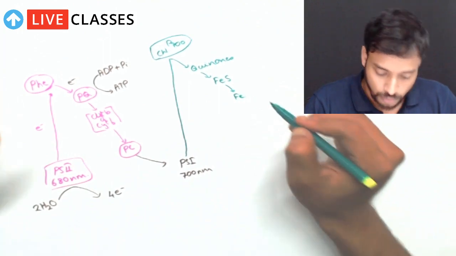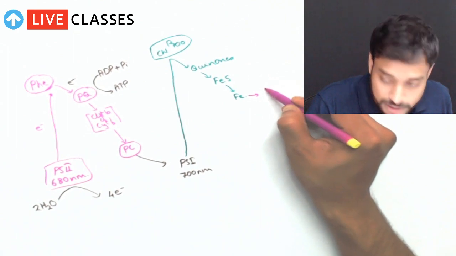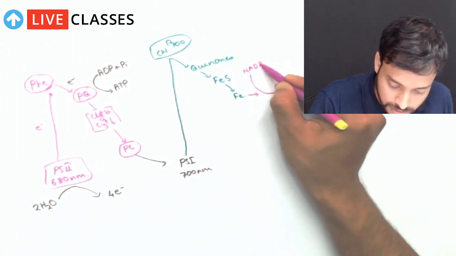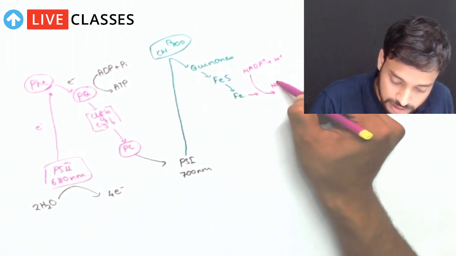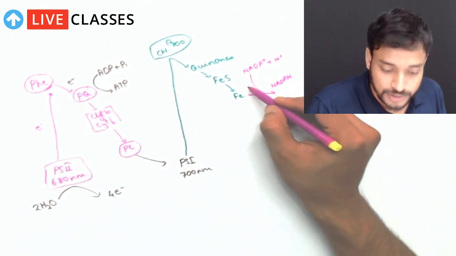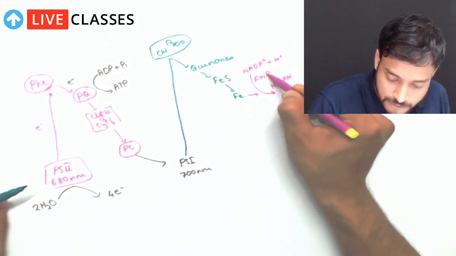And now, from ferredoxin, what happens? There is the formation of NADPH from NADP plus H plus. Correct? You got it? This is formed by a complex abbreviated as FNR.